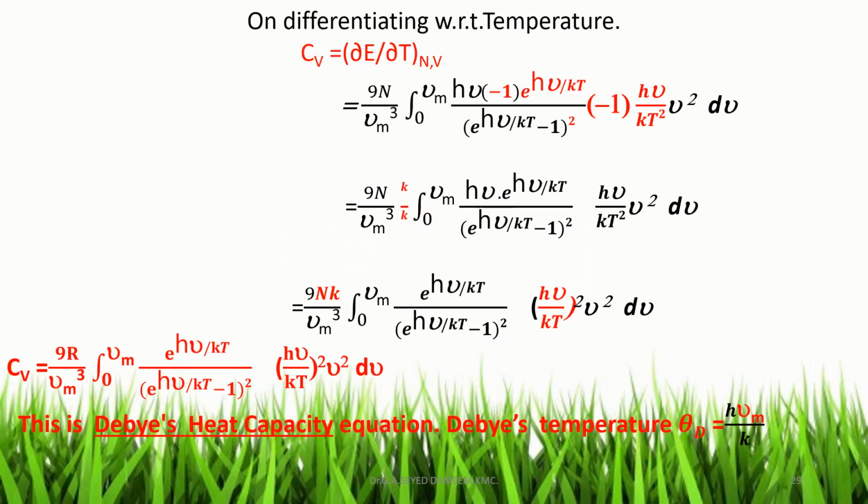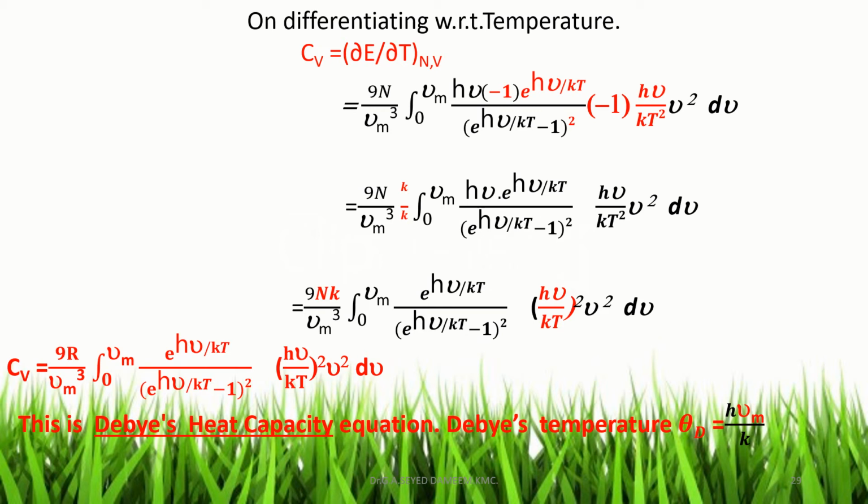Now on differentiating the energy equation with respect to temperature, we get the heat capacity equation. Now Cv is equal to ∂E/∂T at constant N and constant volume.